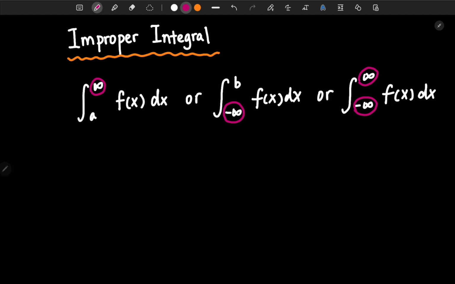That's what we call an improper integral. So from its name, you might have guessed, it's not appropriate to take the integral just like this. Therefore, to better handle this, we want to express the integral in terms of a limit.